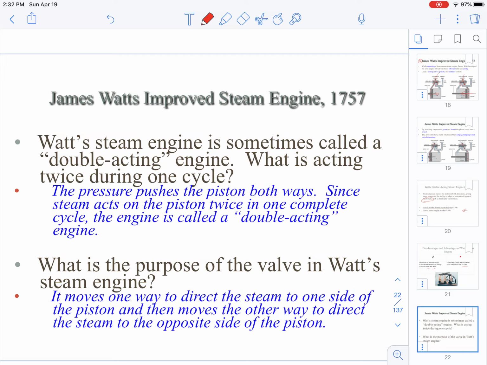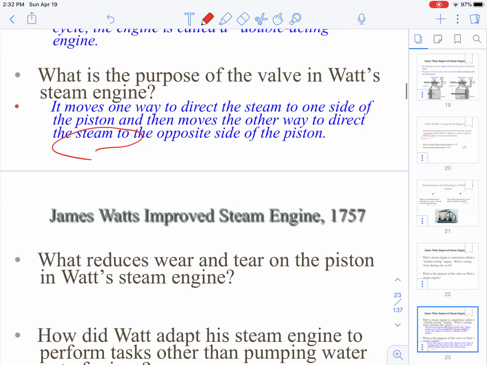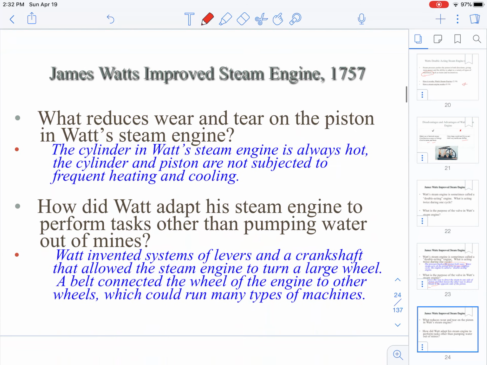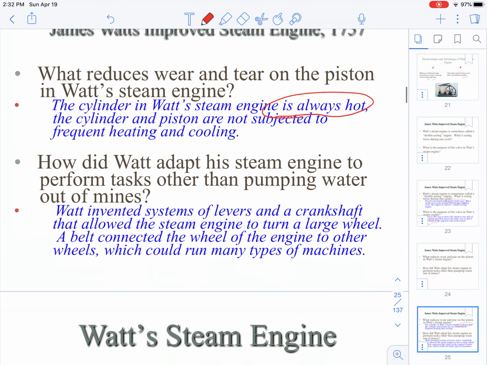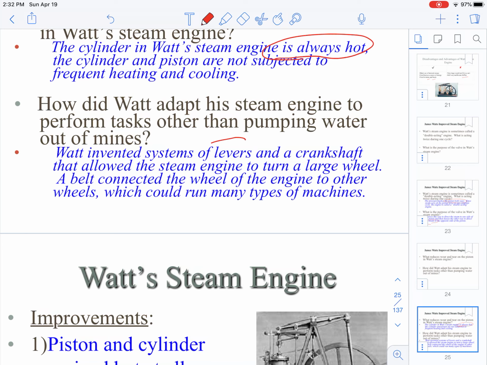So looking at the questions that were profiled to examine this, it was a double acting engine because there was a piston pushing in both directions. The valve was to direct the steam so that the piston can go in each direction. And the wear and tear was less because the engine stayed hot. It wasn't a hot and cold system like Newcomen's.